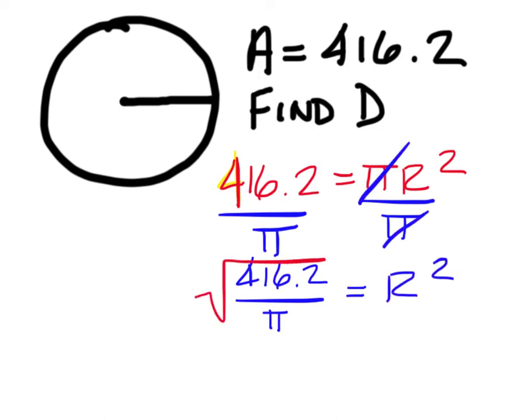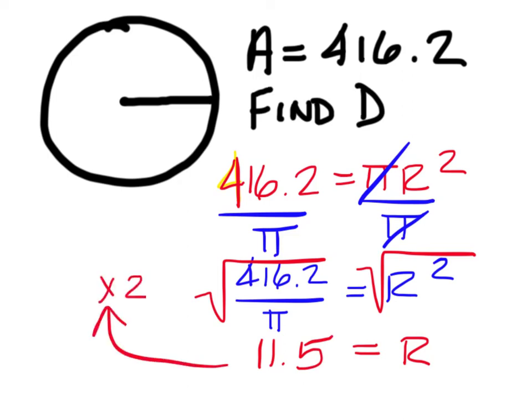R is left on the right, and on the left you need the square root of 416.2 divided by pi, and that will come out to be 11.5, but you must multiply that by 2 in order to get the diameter, which is going to be 23.